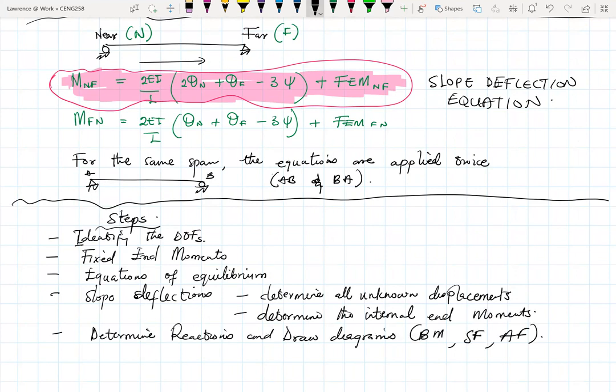These are the steps to solving any problem using the slope deflection equations. So the first thing is to determine your fixed end moments and write any equations of equilibrium. Then you write the slope deflection equations, then determine reactions and draw diagrams. Okay, so let's look at an example.